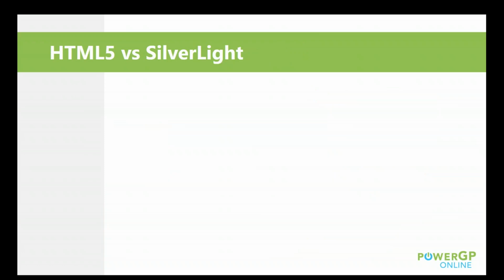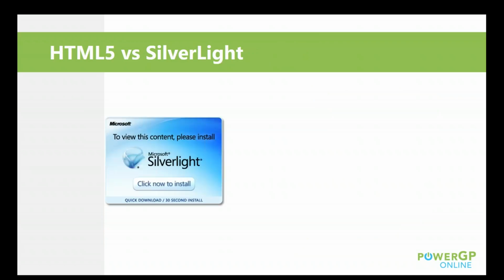Now, I know none of you who are attending live today have used it in the past, but prior to version GP 2016, GP used something called Silverlight to build the cloud out. And basically that meant that you had to install the Silverlight component on your browser to run. Now this was a Microsoft component.